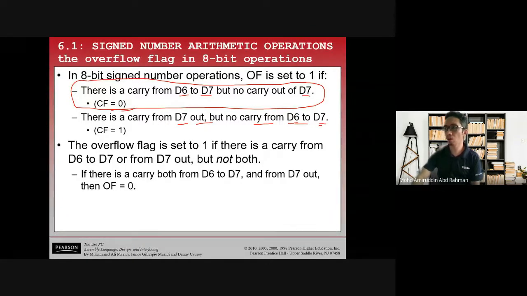Okay, so the overflow flag is set to 1 if there is a carry from D6 to D7, or from D7 out, but not both. If there is a carry both from D6 to D7 and from D7 out, then OF will be 0.